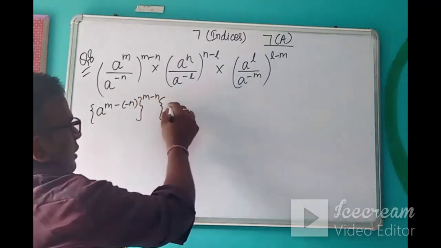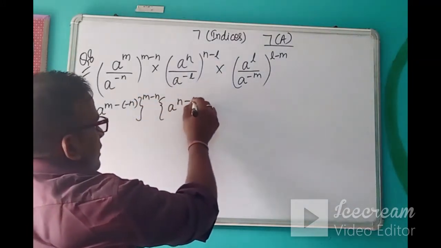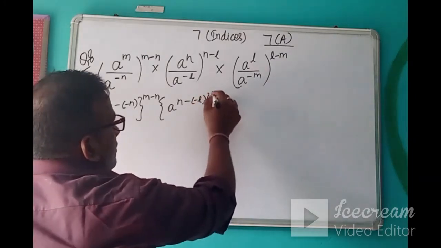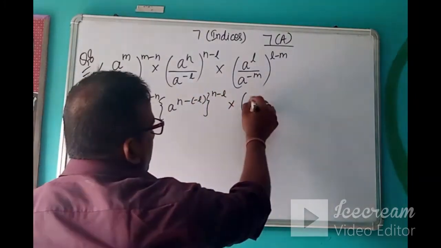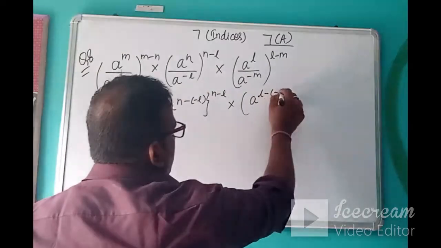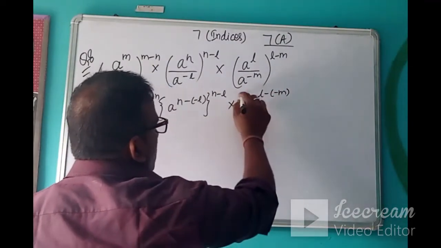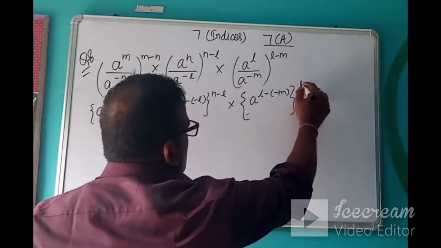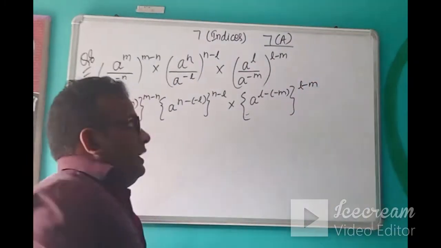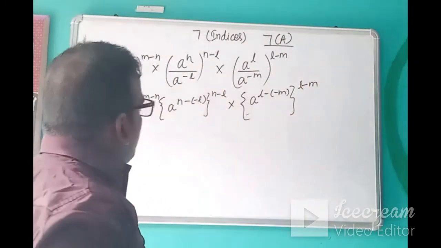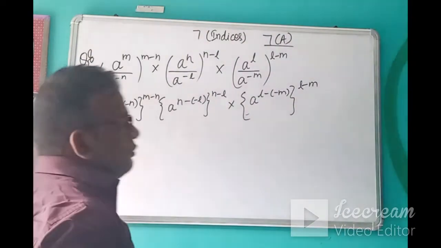Similarly here also, a to the power n minus l into a to the power l minus m. Okay, so this will be our first step. The idea is we will try to combine all the powers of a.